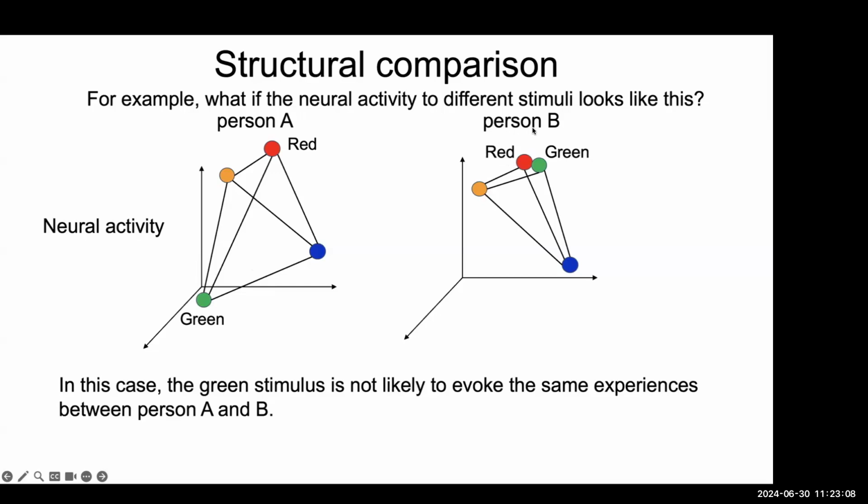Like in person B, red and green's neural activity are close. So this is like a red-green situation for red-green color blind participants. But in this case, the green stimulus is not likely to evoke the same experiences between person A and B.